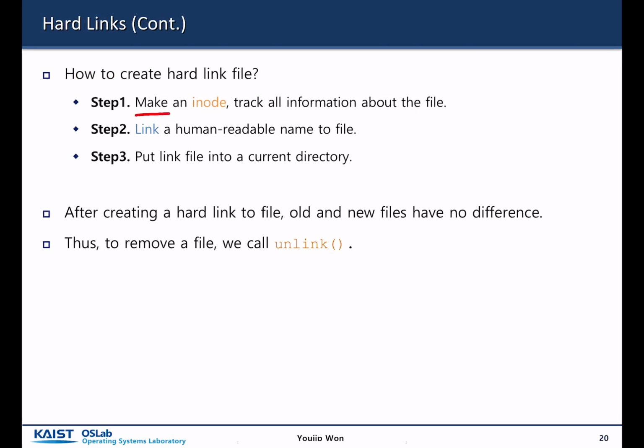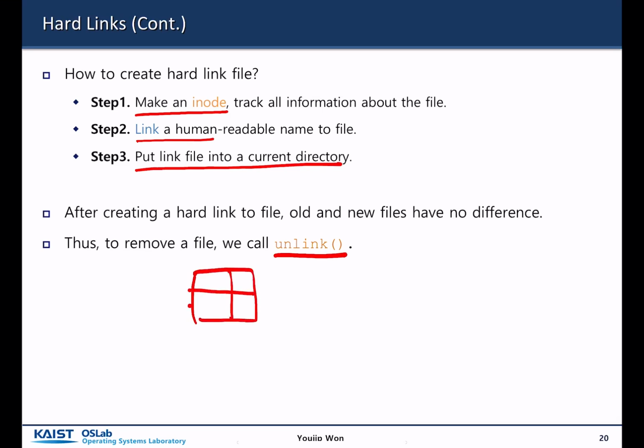First, create an inode and create a link and put it in the directory. So this is why when we remove a file, we call unlink. So there is a directory, and this guy points to an inode.